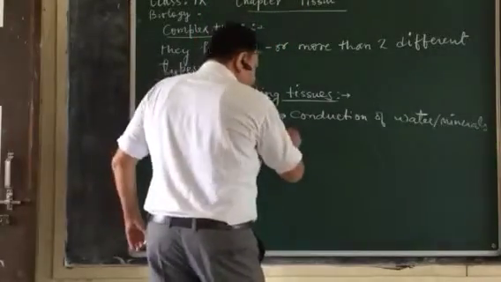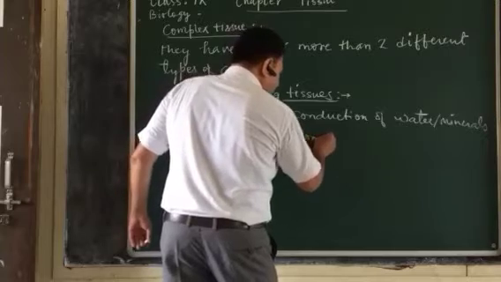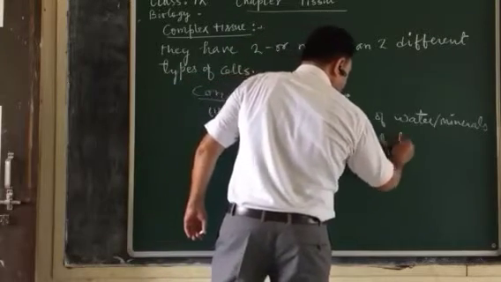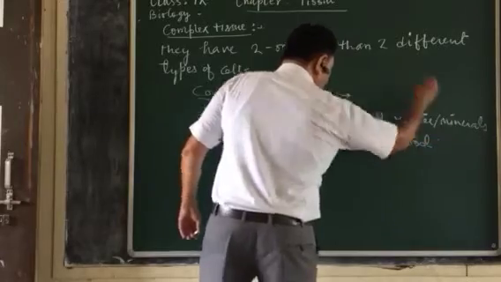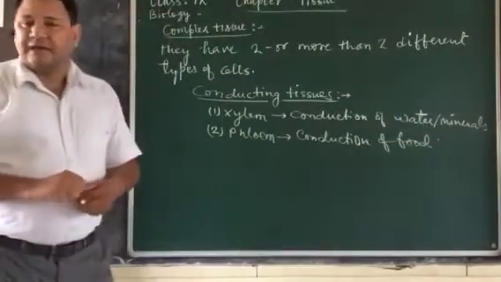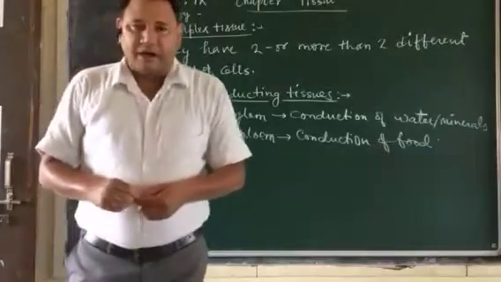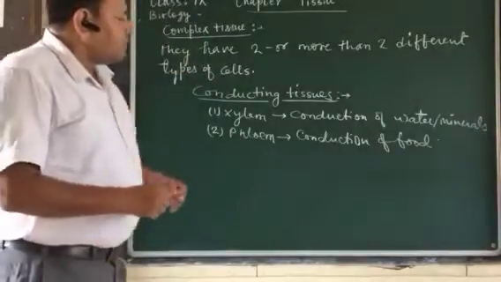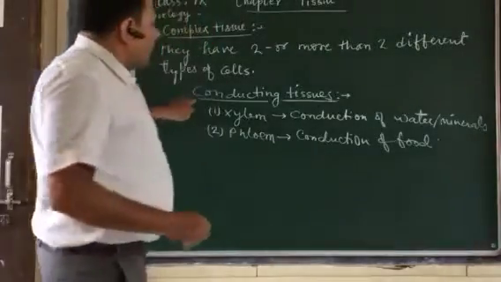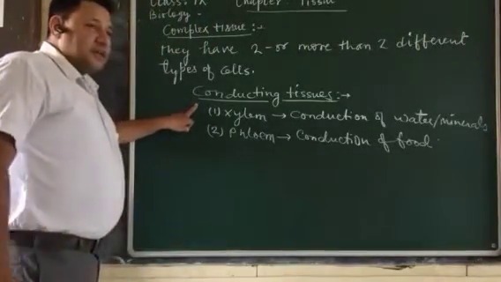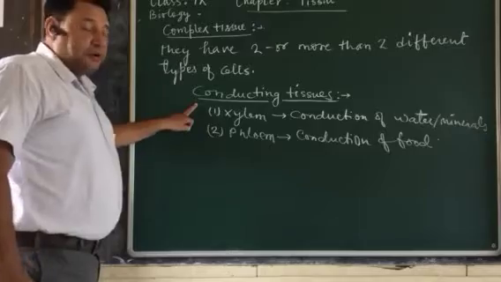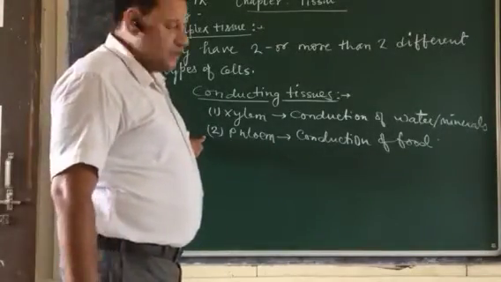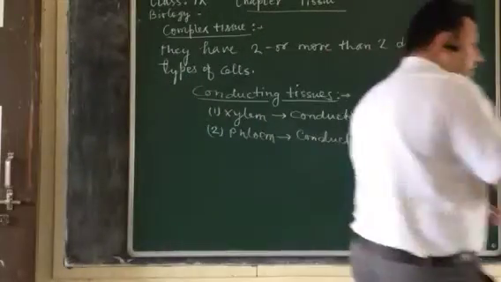And phloem conducts food in the plant, and the food is carbohydrate. Now I am going to discuss the different components present in xylem and phloem in this section. So let us see.